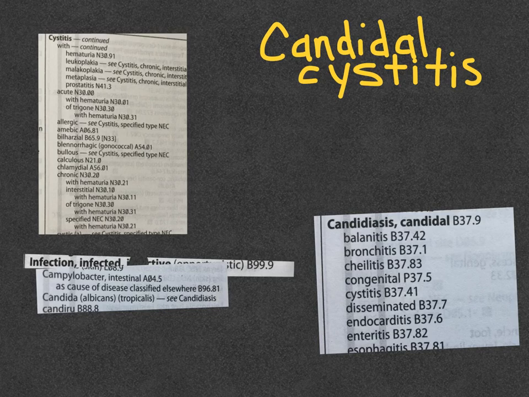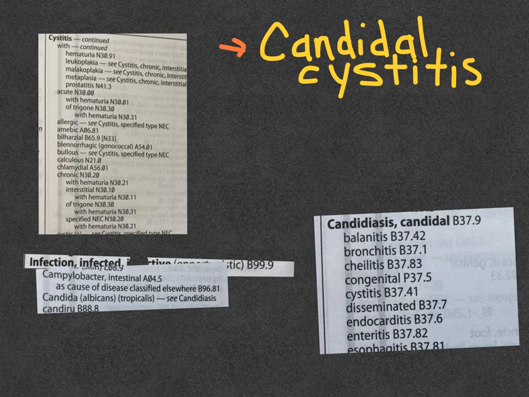In that case, you can refer to the main term infection. So you would just find the term infection in the alphabetic index, or you can go to the actual main term for the documented organism as well and try to make a path that way. But let's consider the diagnosis of candidal cystitis.